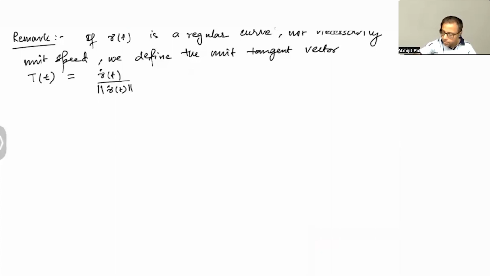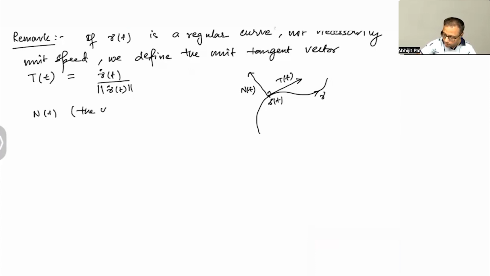Okay. And similarly, we will get the unit normal vector. So this is my gamma(t), this is my curve gamma, this is my unit tangent vector capital T, and then again you have this unit normal vector N(t).